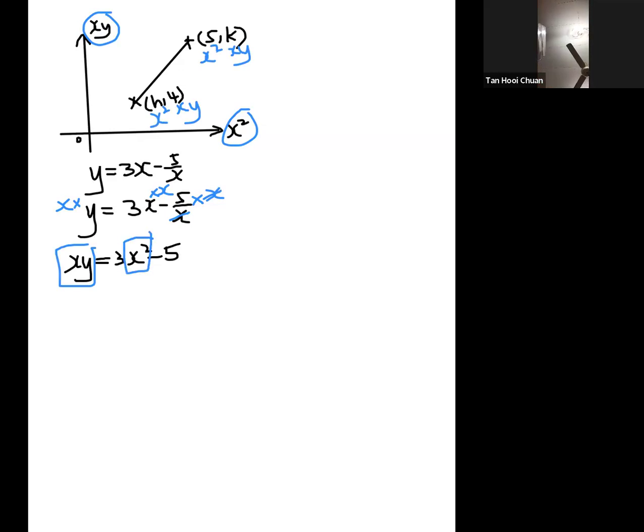Okay, we say when x squared equal to h, xy equal to 4, 4 plus 5 equal to 3h is 9.